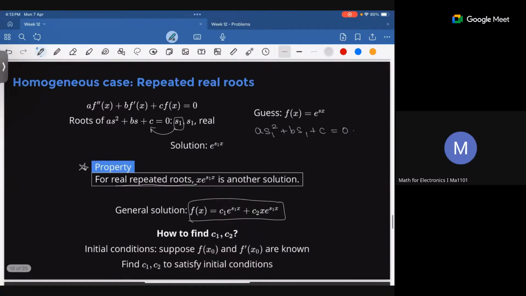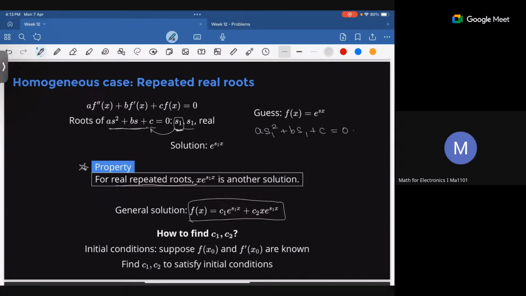Now, this is a repeated root. So even if I differentiate with respect to s on the left hand side and the right hand side, s1 will still be a solution, because the multiplicity of s1 will be 2.